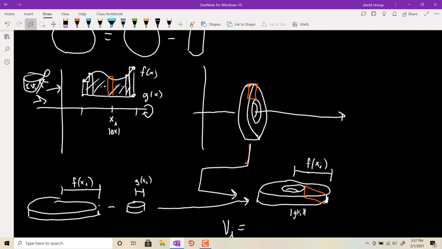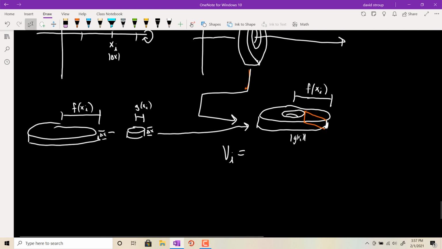And then the height will be your change in x, right? That's just the base of the rectangle. So the volume is basically the difference of these two volumes.